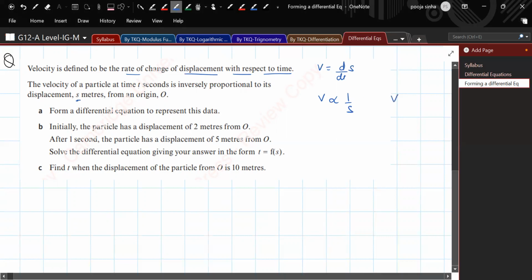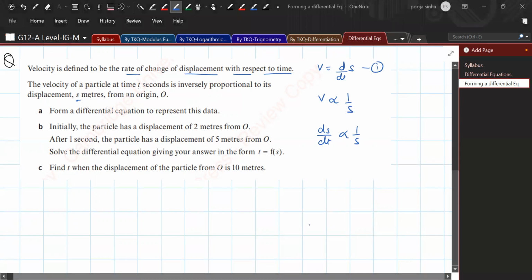If it had been directly proportional, then I would have written v is directly proportional to s. But this is not the case, so I'm not writing this. When I have to write inversely proportional, I'll write 1 upon s. So v, which is ds by dt, is proportional to 1 upon s. Right?